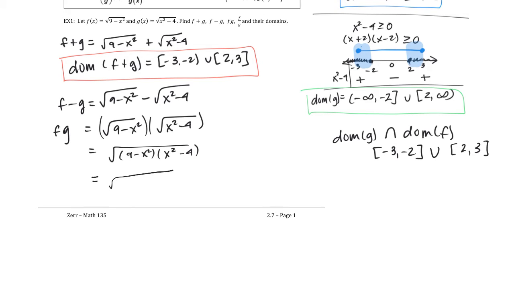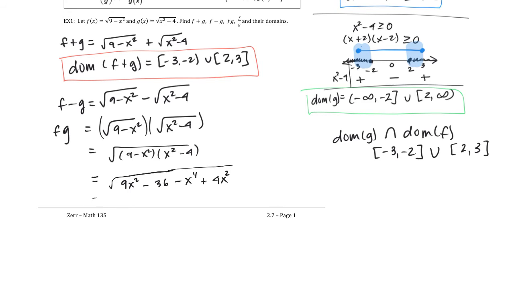So we'd get 9 times x squared, so that's 9x squared. And then 9 times negative 4 would be minus 36, minus x to the 4th, and then plus 4x squared.